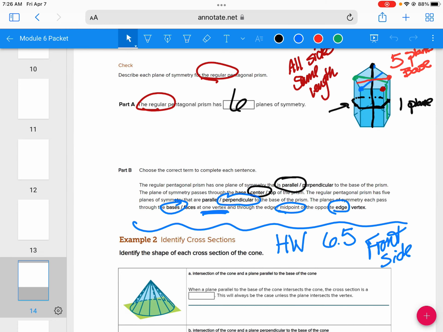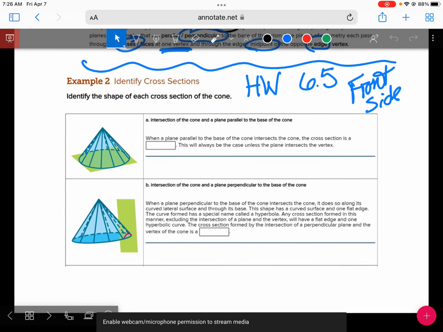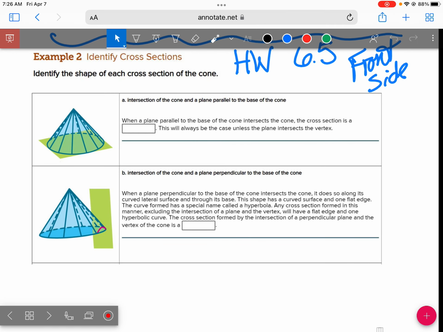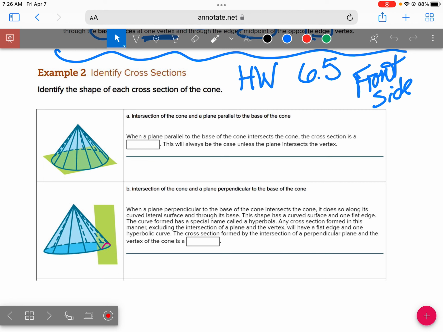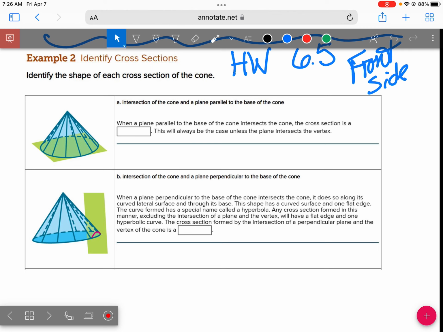Here we go. All right. So cross sections. I think we are on the bottom of page 31. Should be example 2. Says, identify the shape of each cross section of the cone. Okay? So the intersection of the cone and a plane parallel to the base of the cone.